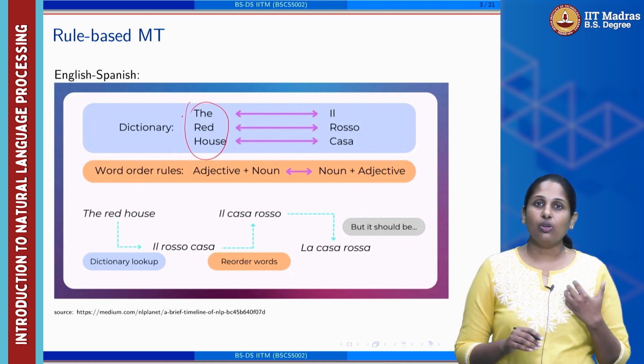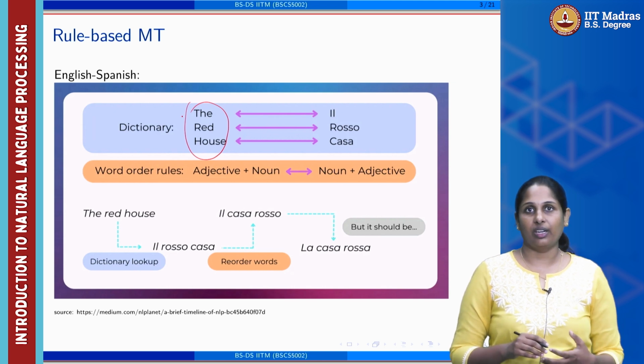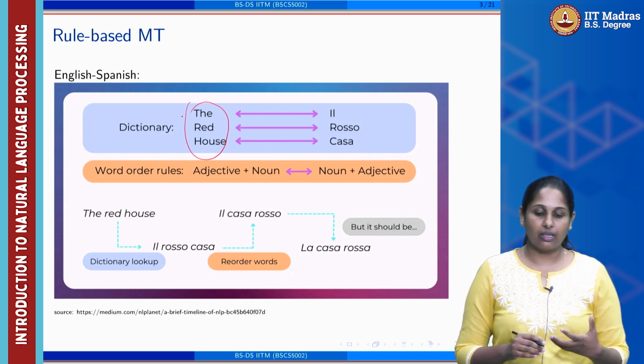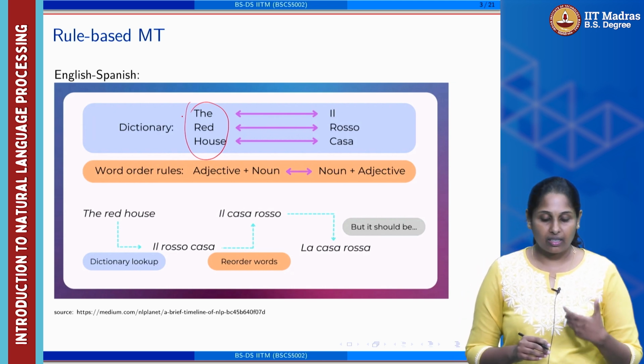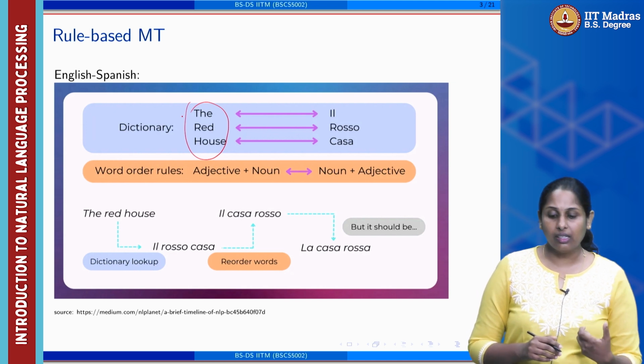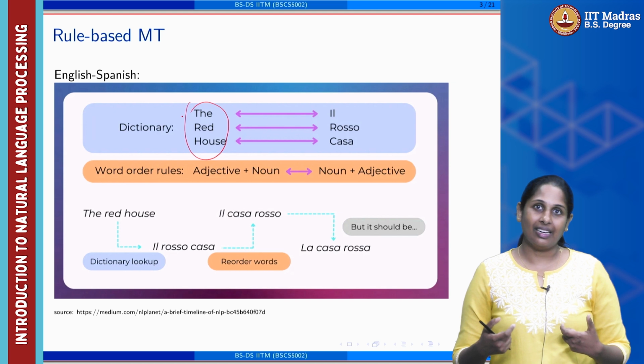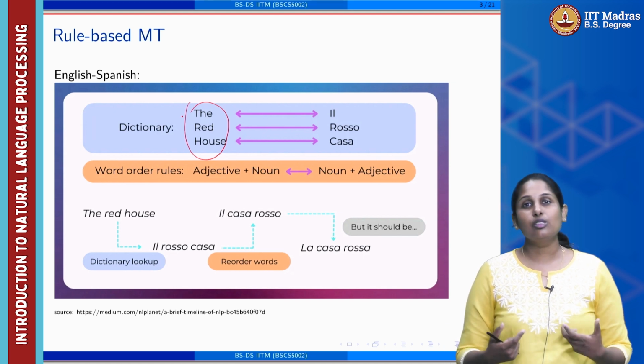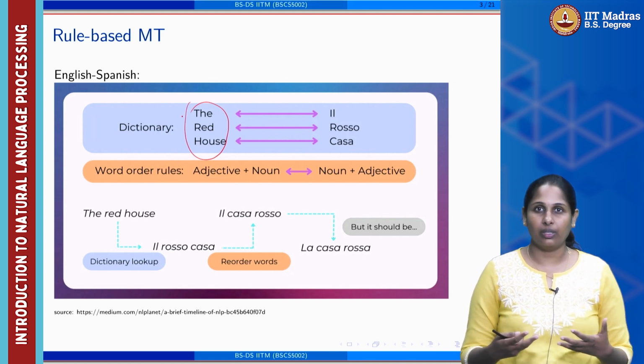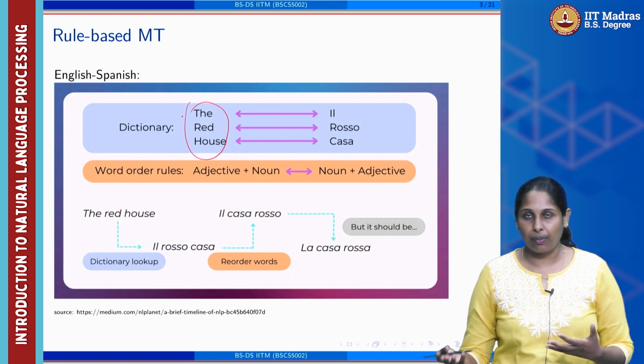But when you look at the actual dictionary, the dictionary lookup says there is a determiner which is called the, and the equivalent in Spanish is either il or la. Il is used for a masculine determiner and la is used for a feminine determiner.